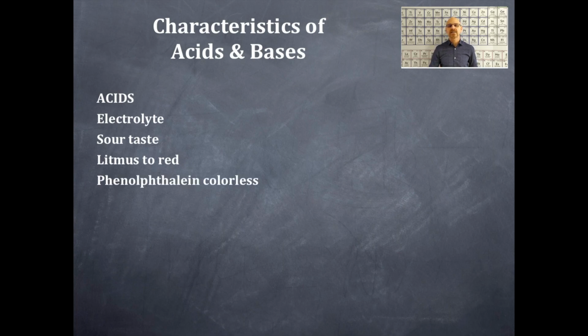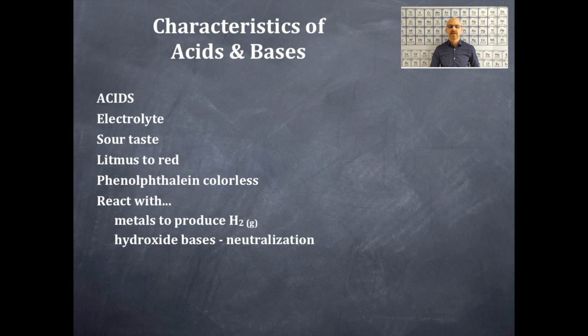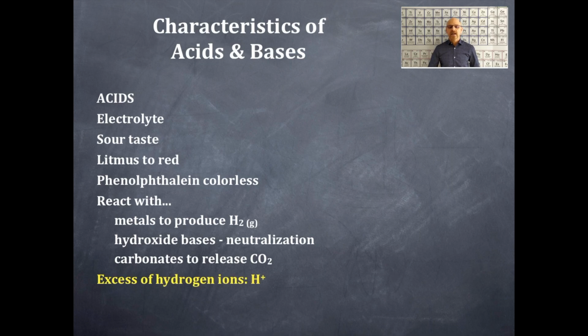Phenolphthalein is colorless when it's acidic, and acids react with metals to produce hydrogen gas. They react with hydroxide bases in a neutralization reaction, and they react with carbonates to produce carbon dioxide. Excess hydrogen ions, i.e. H+ ions, let you know that there's acid in that solution.